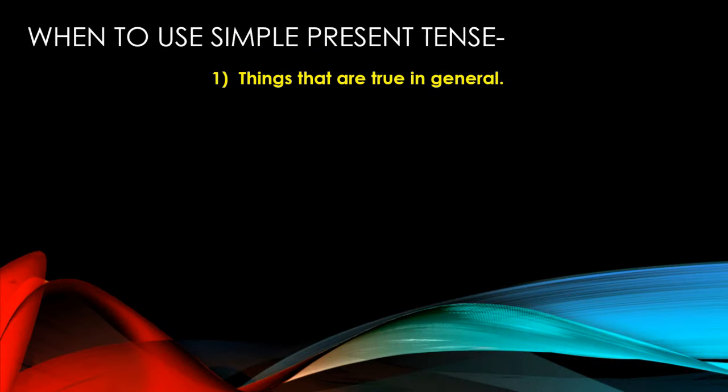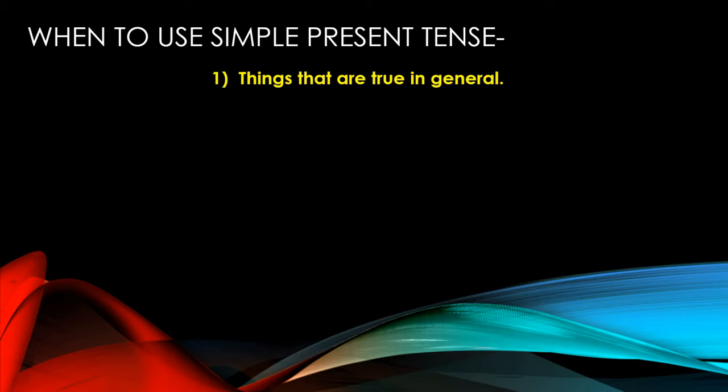Use of simple present tense. In your textbook, you will find a table at the beginning. There you can see when to use simple present tense, and some examples will be given. So in this video, you will find some more examples and some more uses. So at first you can see things that are true in general. If it is true in general, we will use simple present tense.